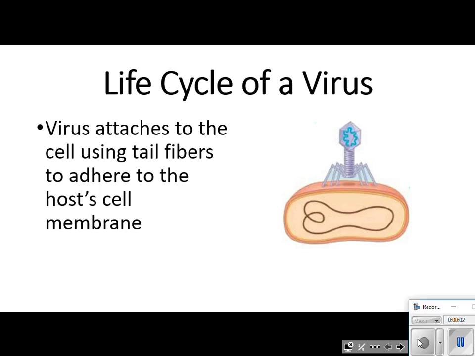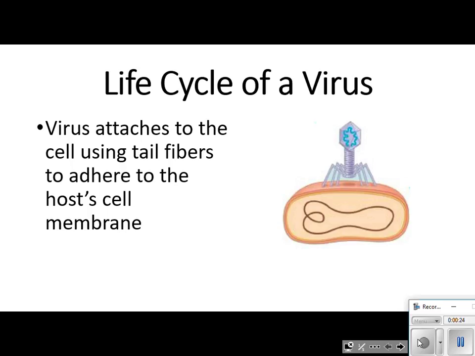Now, I told you yesterday when we were discussing the bacteriophage and the different parts of the bacteriophage that we would discuss the life cycle of a virus using the bacteriophage.